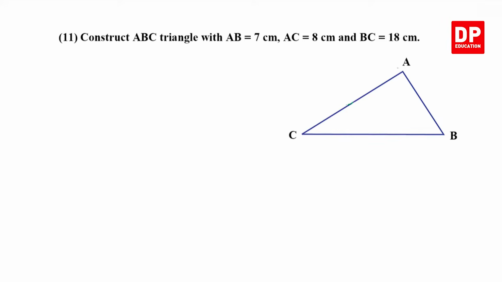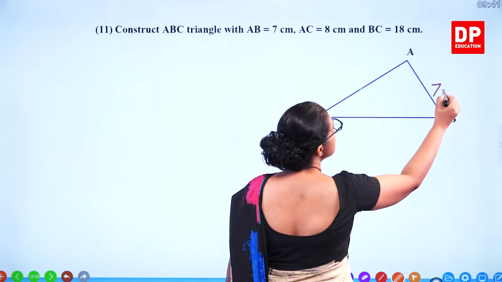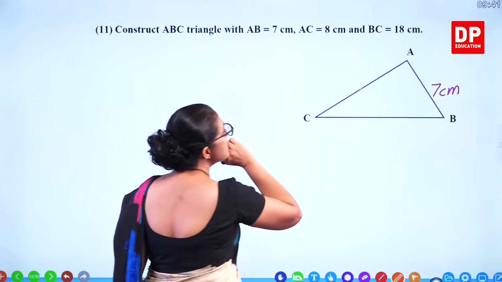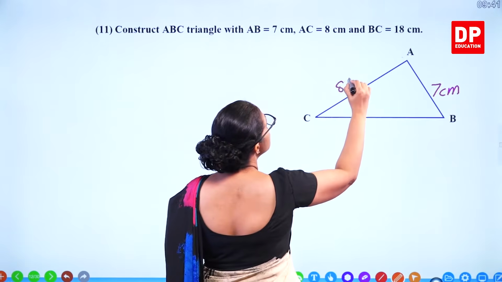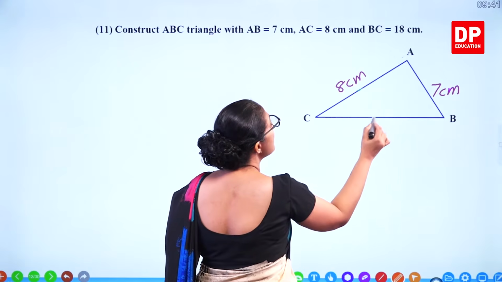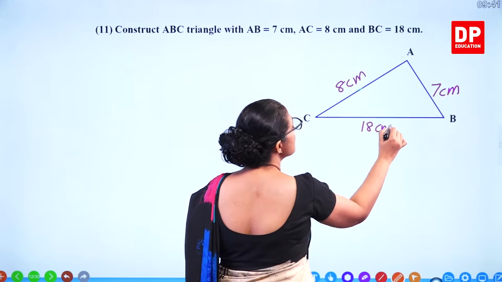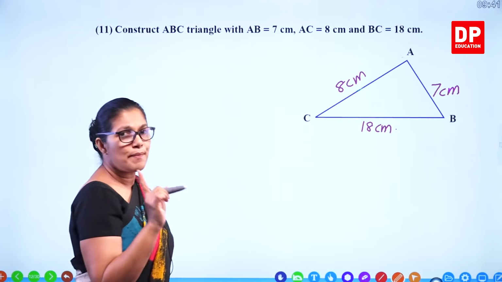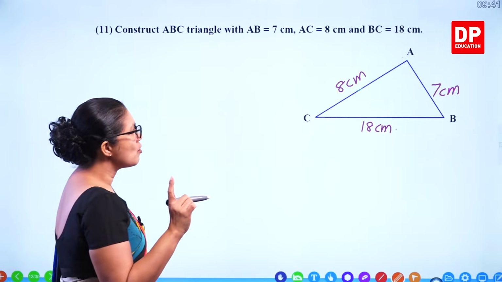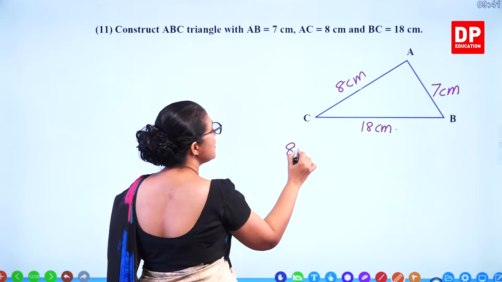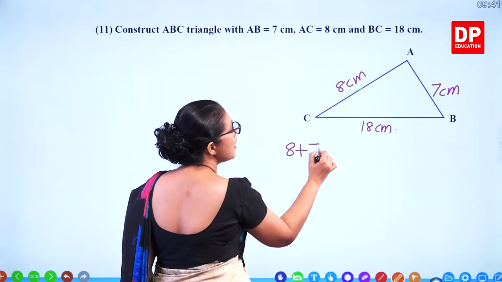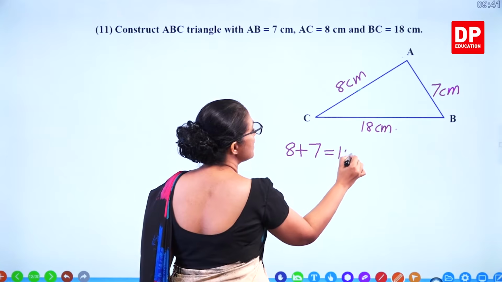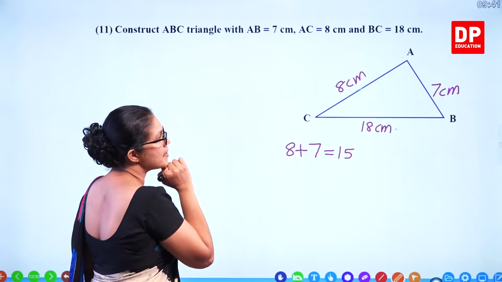Construct triangle ABC with AB 7 centimeters, AC 8 centimeters and BC 18 centimeters. You have to check before you start to construct. We'll check whether we can construct: 8 plus 7 is 15.